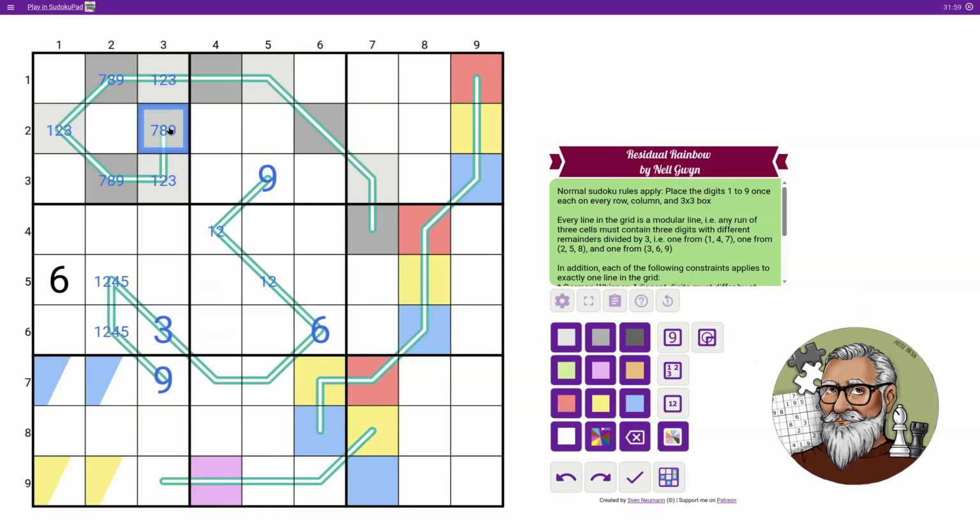But 7 would mean that this is 1, and would mean that this is 7 again. 7 here would mean that this is 1 and this is 7 again. That's very interesting. And 7 here wouldn't work because it would require 1 next to it again.